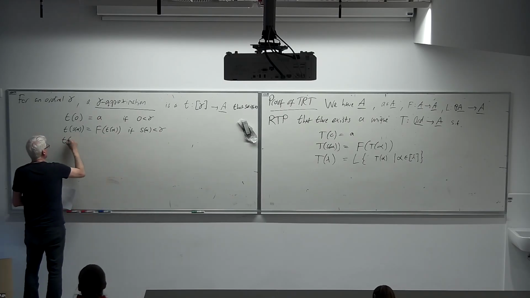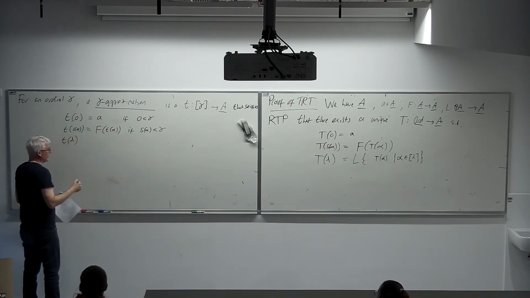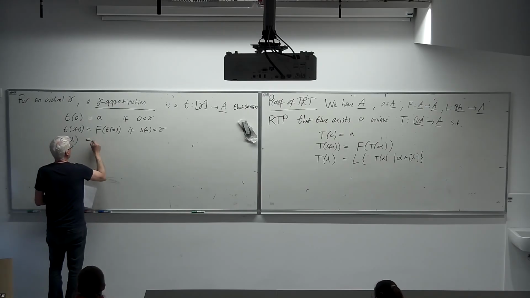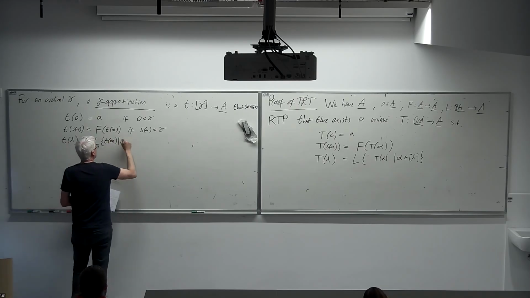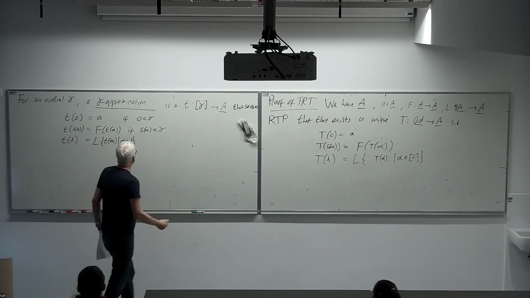And t of lambda, a limit ordinal strictly greater than 0, is L of the set of F of t of alpha for alpha strictly less than lambda. I'm going to write it like that, same thing.